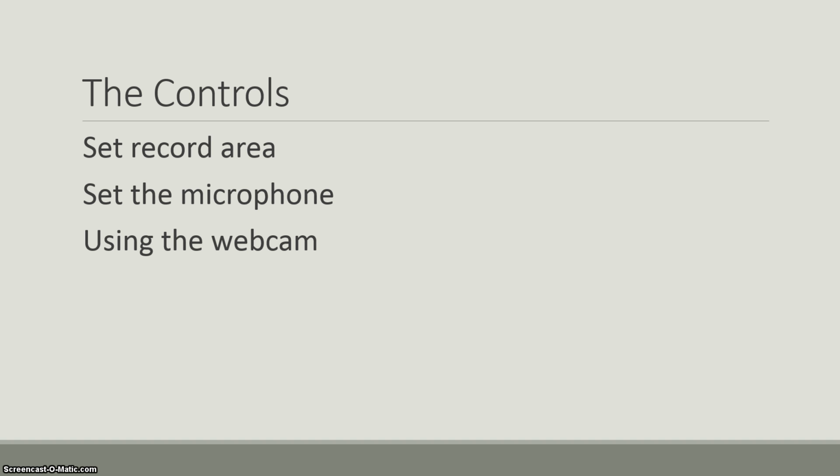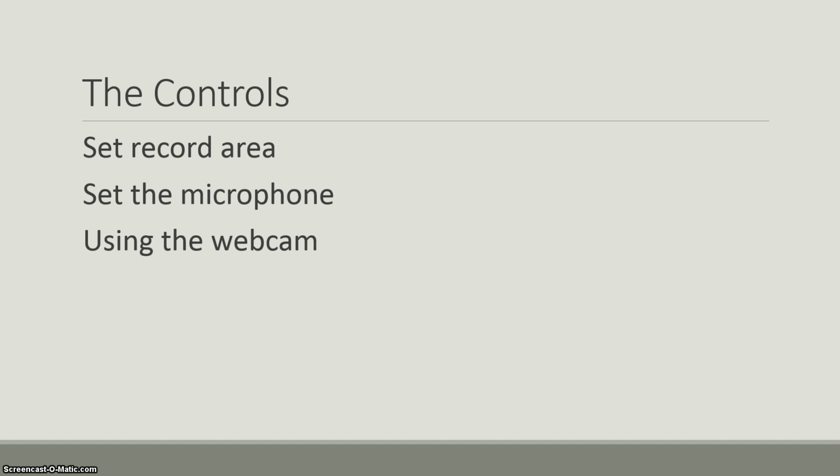For the free version, we only have the capability of either recording our screen or recording our screen and webcam as a picture-in-picture. In the Pro version, there's also the option of just recording what's coming through the webcam.